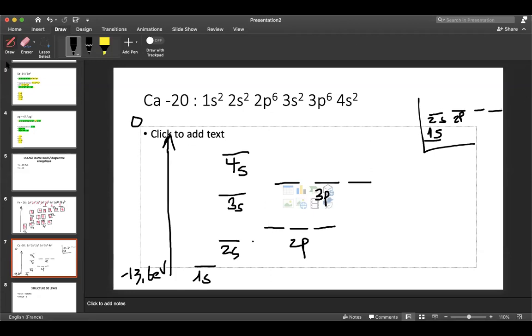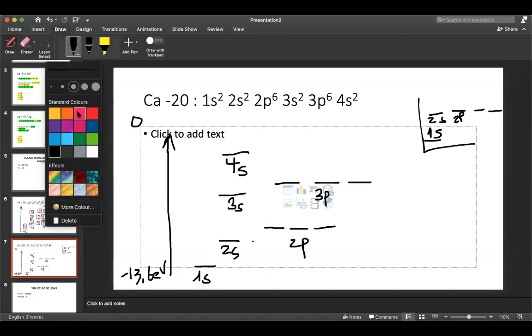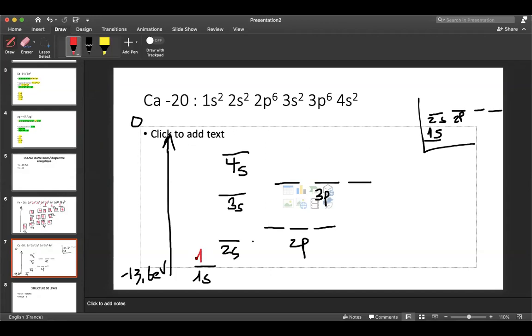So if we're going to fill in this quantum box, the arrow is going to be up, down, then up, down, then up, up, up, then down, down, down.